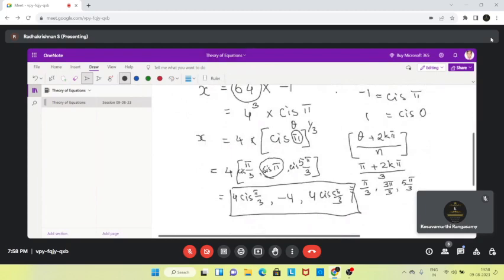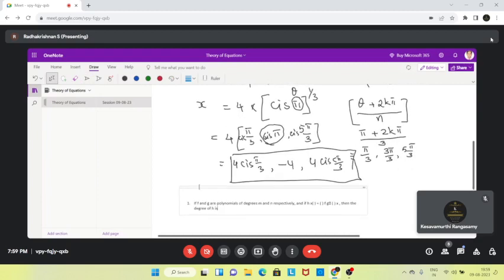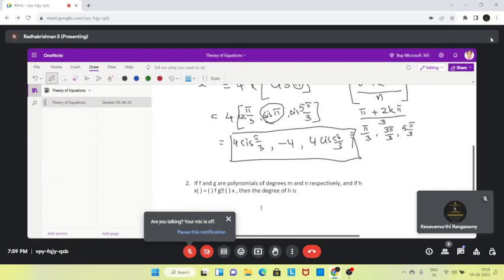Let's go to the next problem. If f and g are polynomials of degrees m and n respectively, and if h of x, I think this is not coming out well.